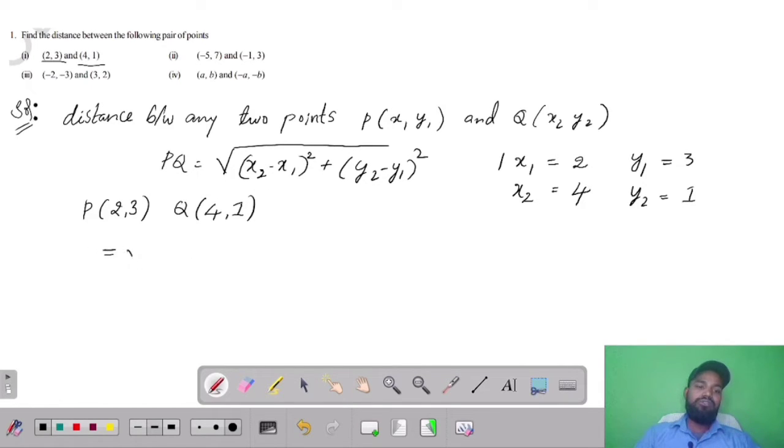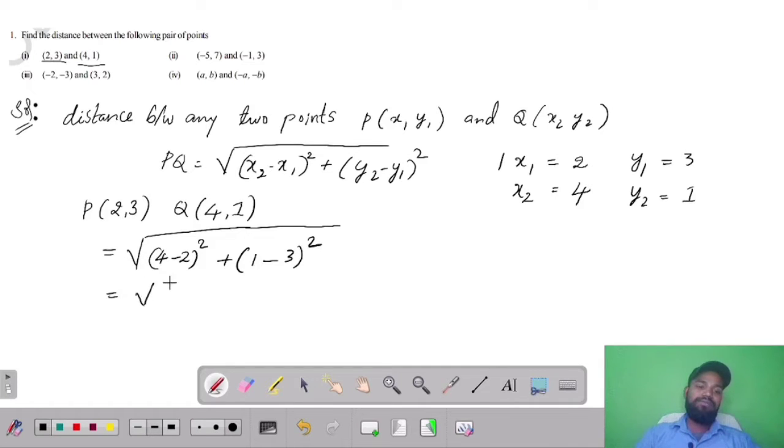So that is equal to under root x2 minus x1, where x2 is 4 and x1 is 2, so 4 minus 2 whole square, plus y2 minus y1, where y2 is 1 and y1 is 3, whole square.